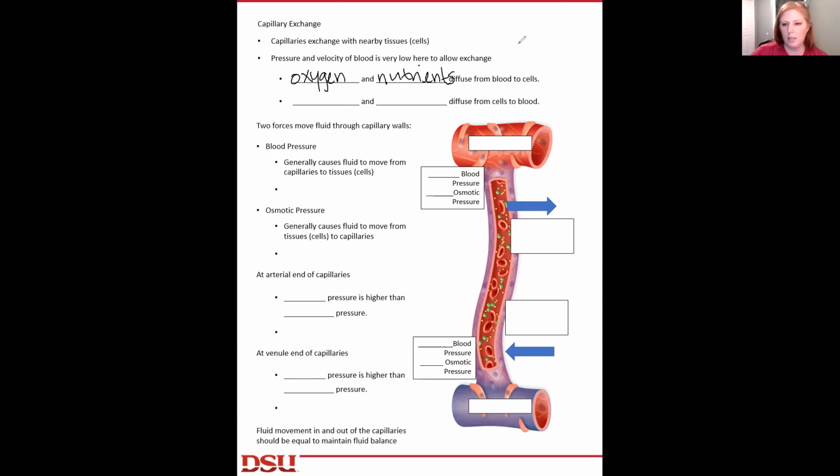So the oxygen and nutrients are coming out of the blood and being dropped off, and the cells in the tissues use them for cellular respiration and all the other life processes, protein building, and everything else that cells do to keep us alive. And then we have the reverse from the cells to the blood. We're going to have our carbon dioxide and our wastes.